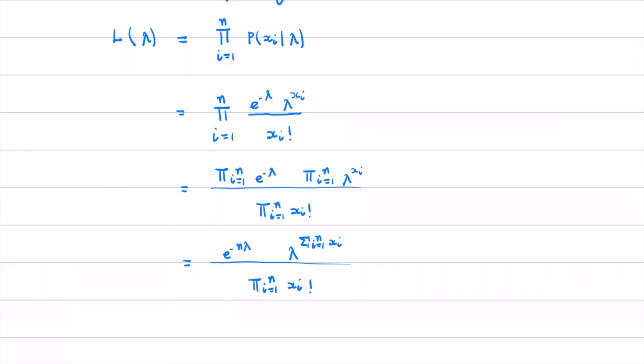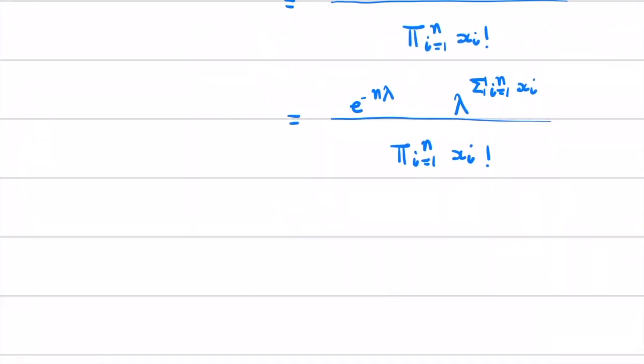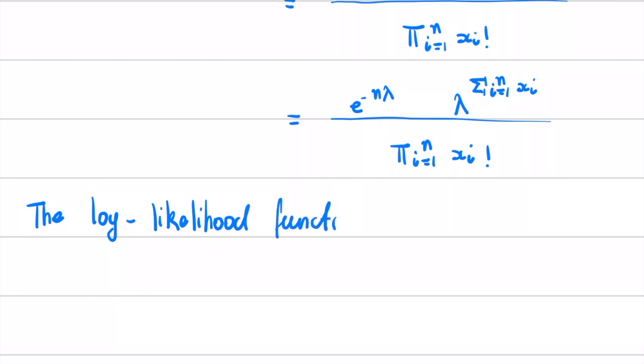Alright, so we've derived our likelihood function. So now we have to find the log likelihood function. So what is the definition of the log likelihood function? I use a lowercase l to denote the log likelihood function. So l of lambda is given by log L of lambda.